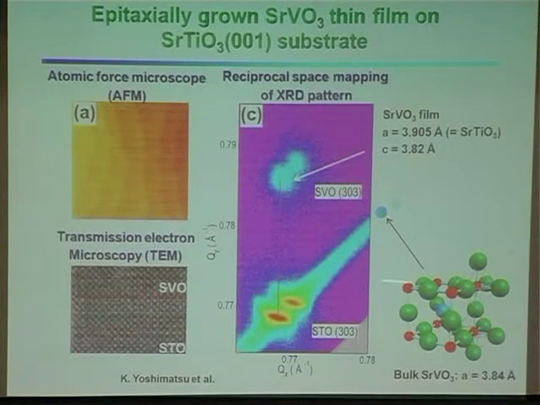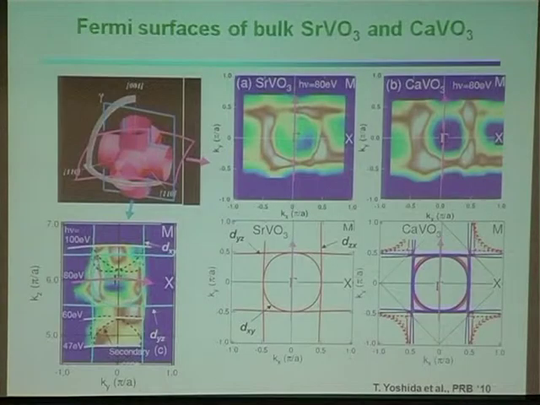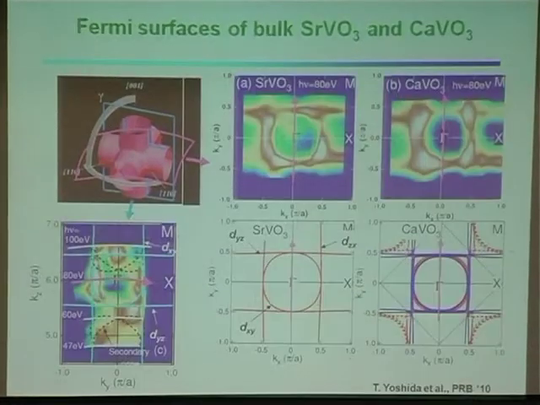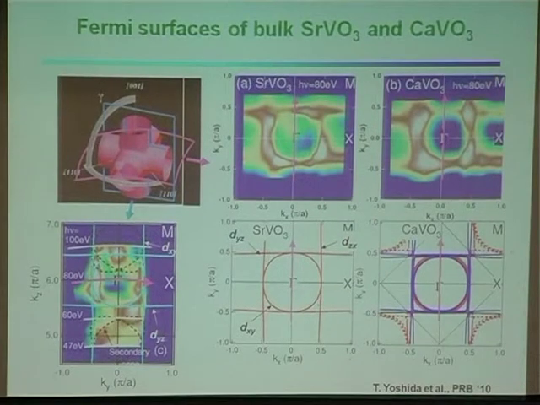Because of the epitaxial growth, the crystal is a little bit distorted due to strain, but the distortion is very small, so we can neglect it. So the ARPES spectra become much better compared to the cleaved single crystals.